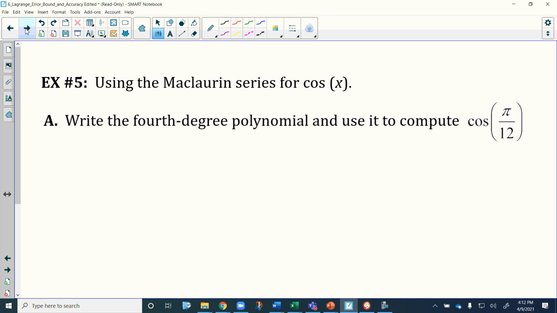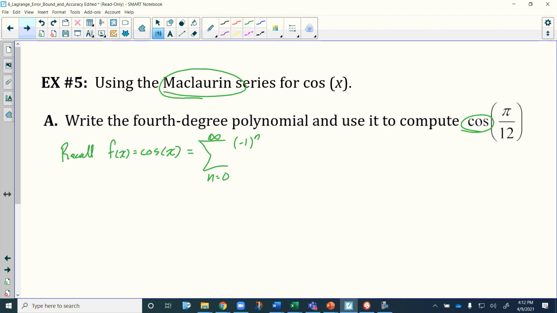But presuming that we have this, again, Maclaurin polynomial with cosine, one of the 3 that you are expected to remember. So here, recall that if I have f of x being equal to cosine of x, that gave us a series n equals 0 to infinity, alternating -1 to the power of n times x to the 2n power, because this one uses even degreed terms of your polynomial where sine uses odd degreed.